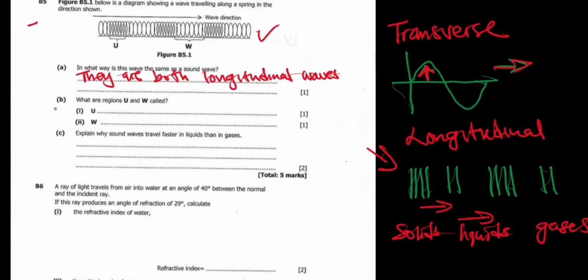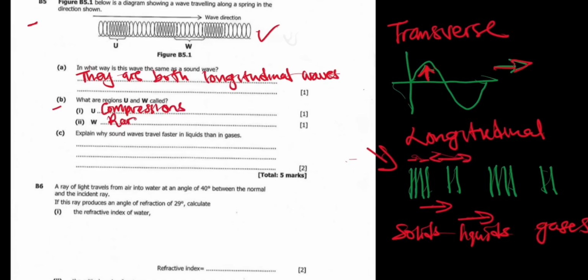So the second question, which is question B here, is saying, what are the regions U and W? What would you say? Well, I've just said that these that are compressed together are called compressions. So you have compressions, and these that are widely spaced are actually called rarefactions.